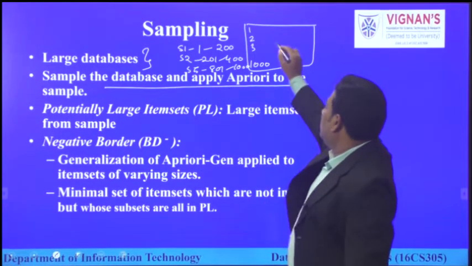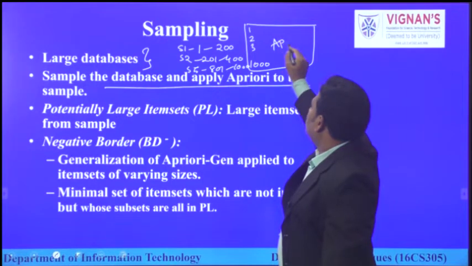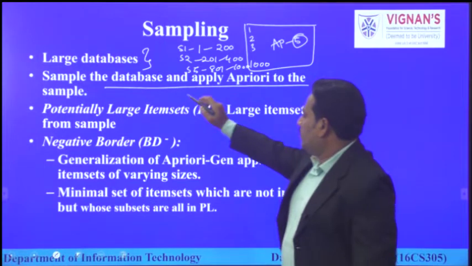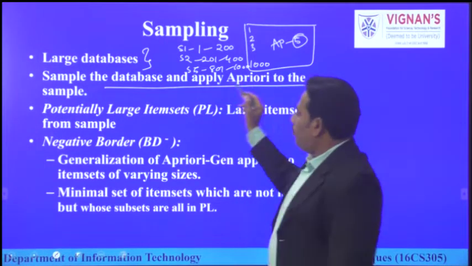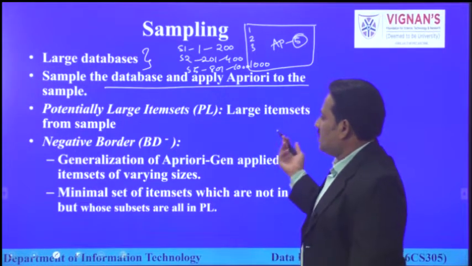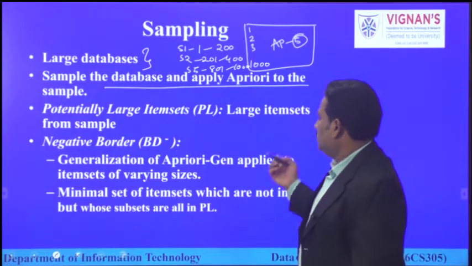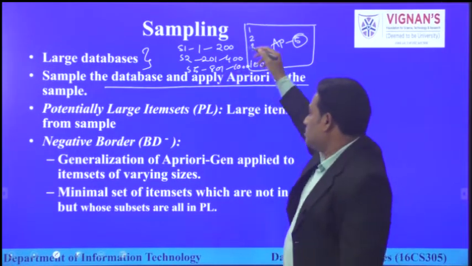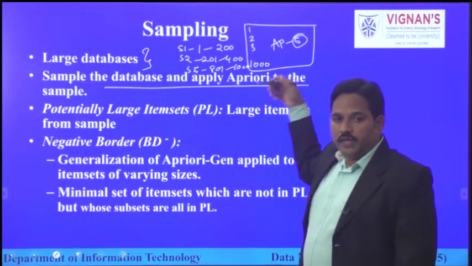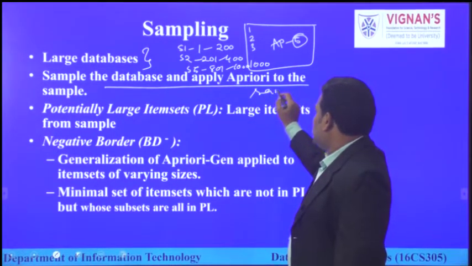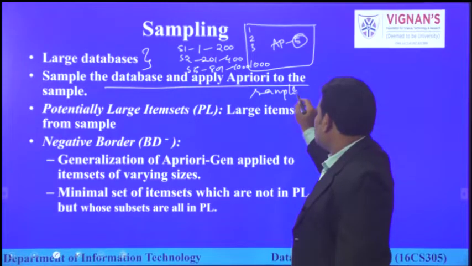Here we are repeating the Apriori algorithm 5 times; that is, sample the database and apply Apriori to each and every sample. Now, how is the sample going to be selected? It is a main aspect here. Can we select randomly, or based on serial number, or can we split the database? It depends on the sampling approaches. Those approaches we'll see in coming slides.